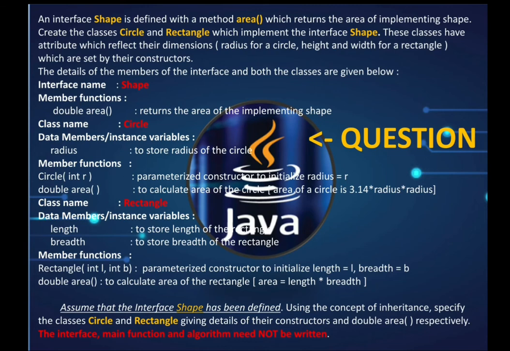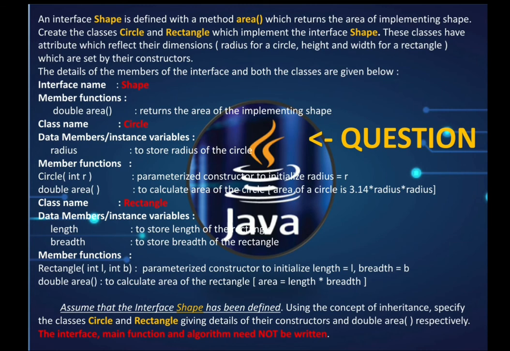Means hierarchical inheritance is happening here. And see, these classes have attributes which reflect their dimensions, radius of circle, height and width of rectangle, which are set by the constructor. Means length and breadth are going to be set and the radius is going to be set.